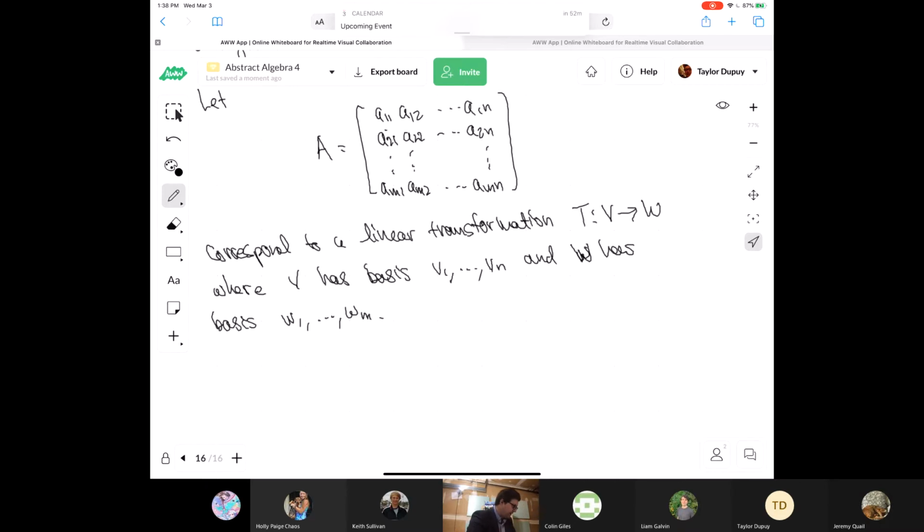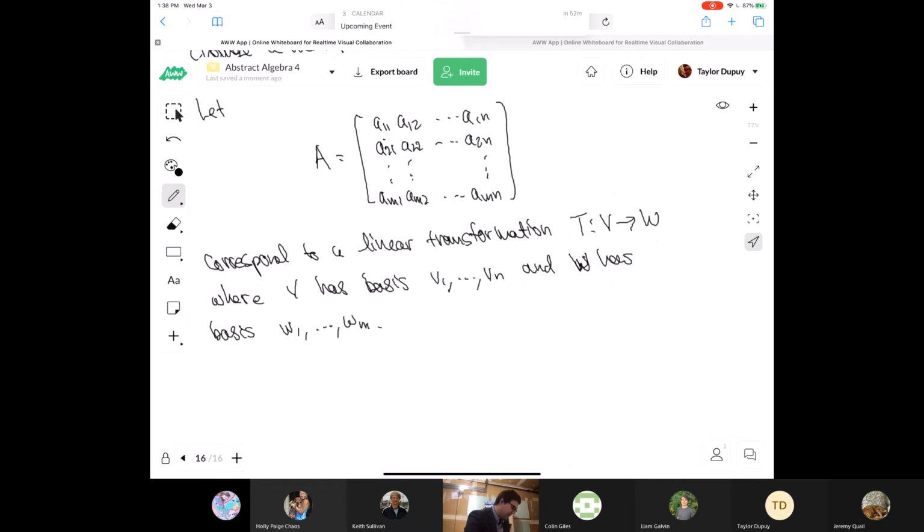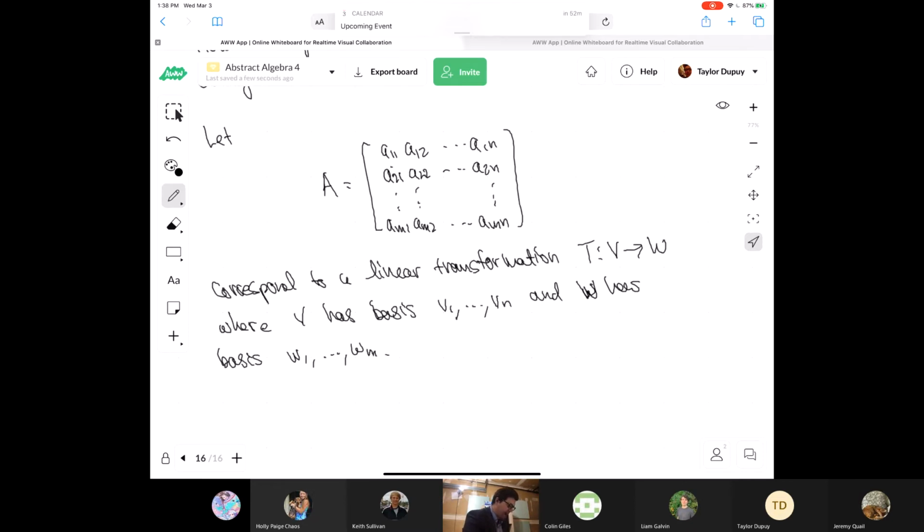So what does this mean? I always look at the first one, because I can never remember how the sum works.